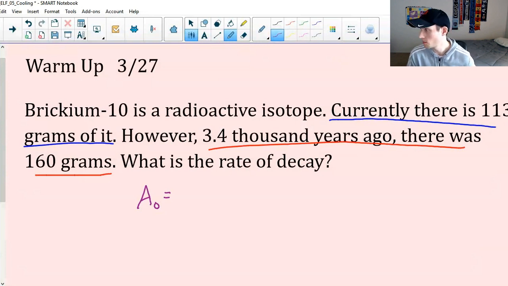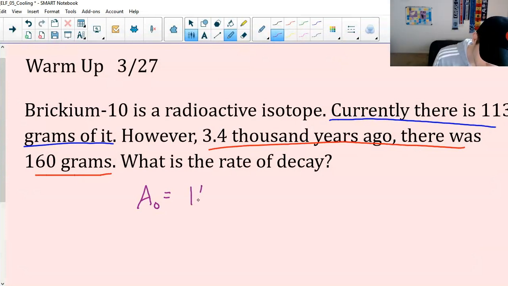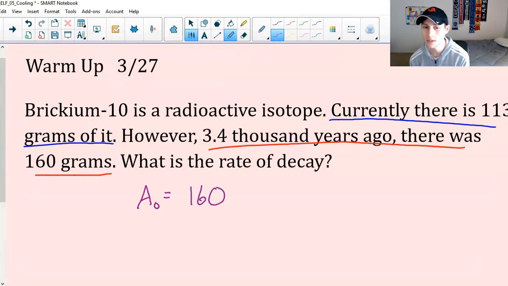Whenever we first talked about this problem in class on the live stream, we decided to just choose the initial amount to be the earliest amount that we know. A0 will always be the earliest amount that we know. So for us that is 160.